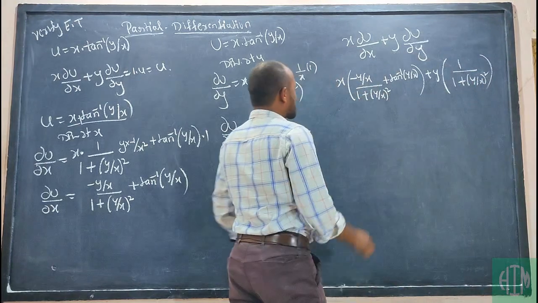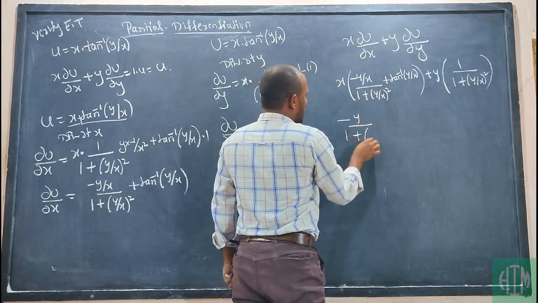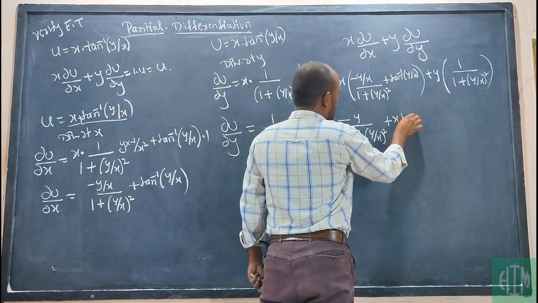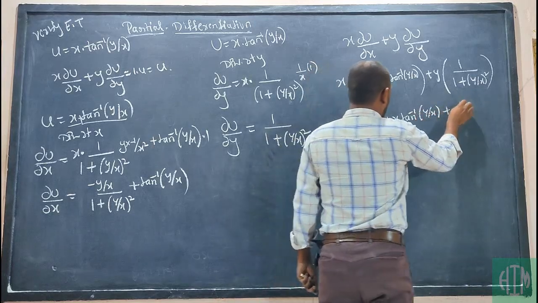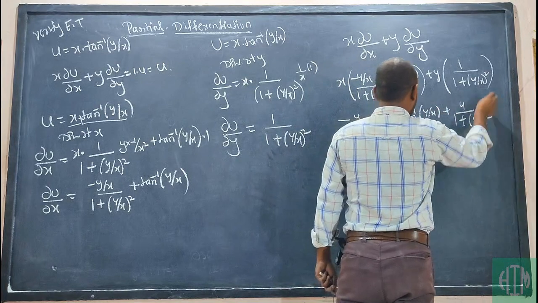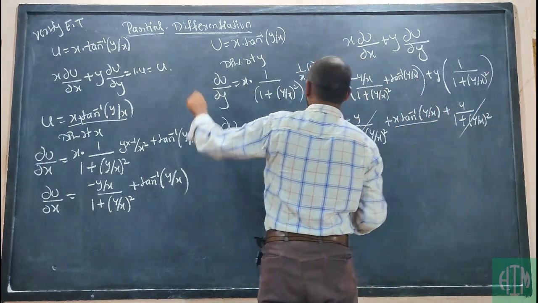Now if you take y inside, x cancels: minus y by 1 plus y by x whole square, plus x tan inverse of y by x, plus y by 1 plus y by x whole square is equal to, this is nothing but u.